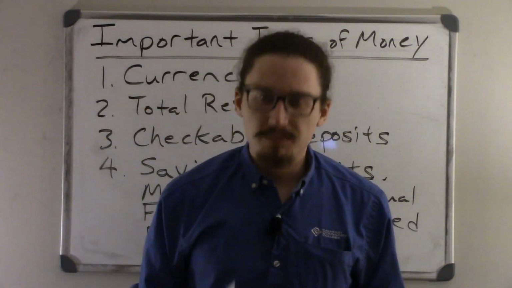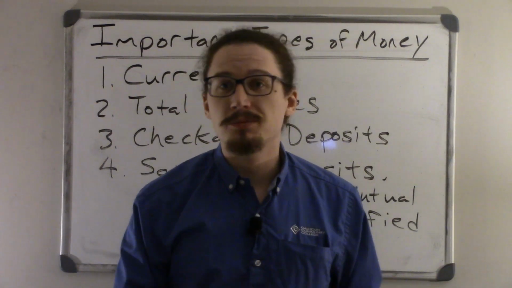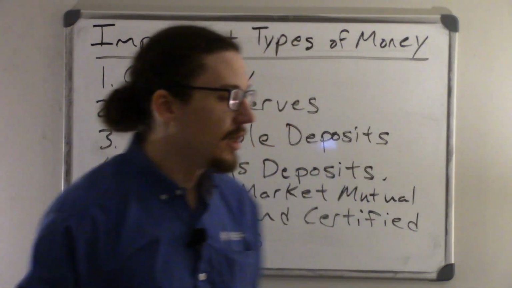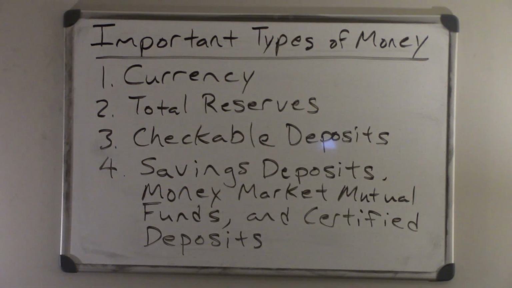Some people think that cash and money, or currency and money, are synonymous, but that is not the case. Currency is a type of money. It is not equivalent to money. Again, currency is our paper bills and coins.